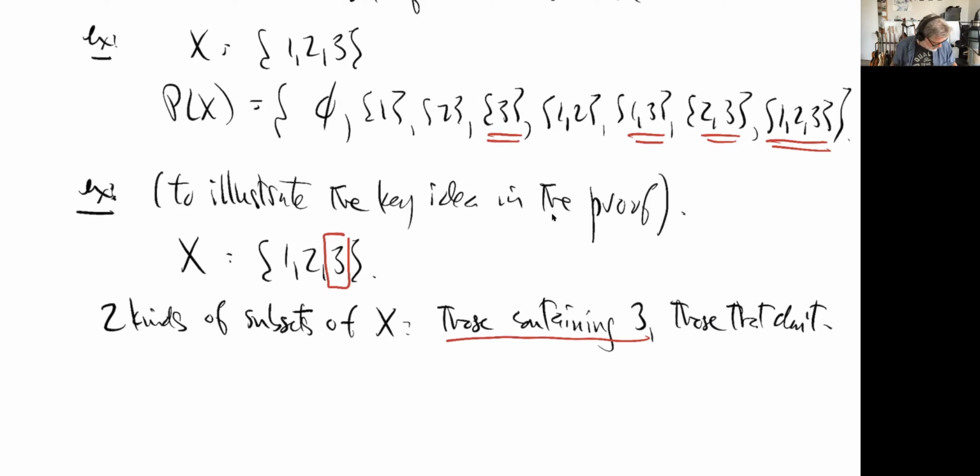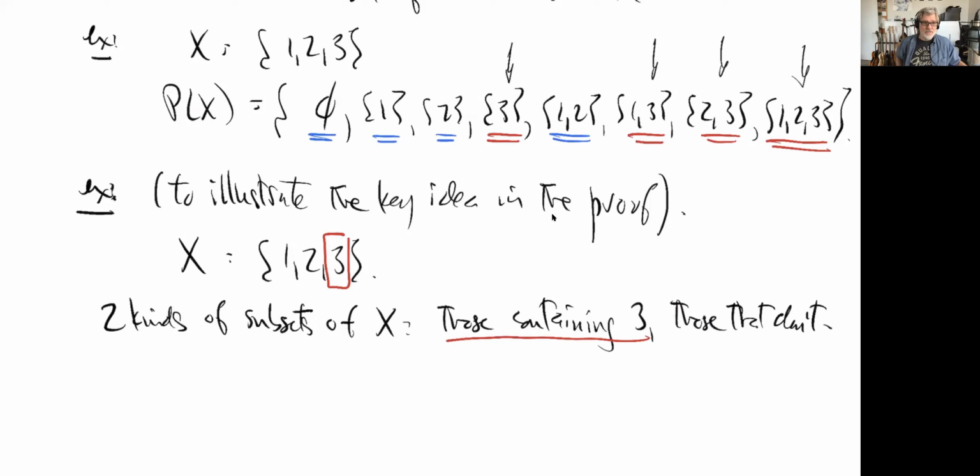So what's the pattern here? Look at those that contain 3: {3}, {1, 3}, {2, 3}, {1, 2, 3}. And those that don't contain 3, let's use a different color, say blue. These are those that do not contain 3. And I don't know if you can see, but first of all, there's the same number of them.